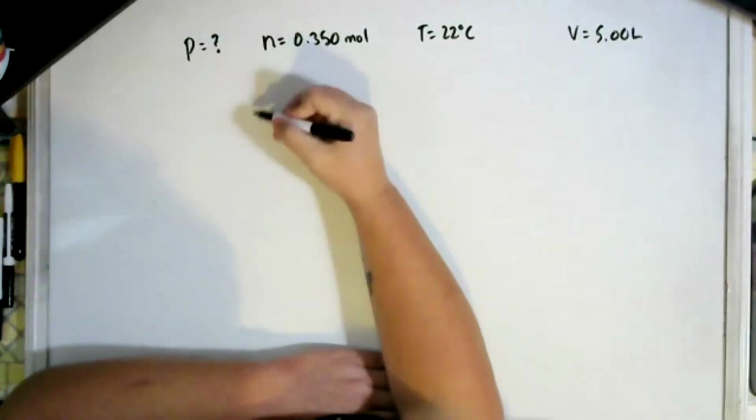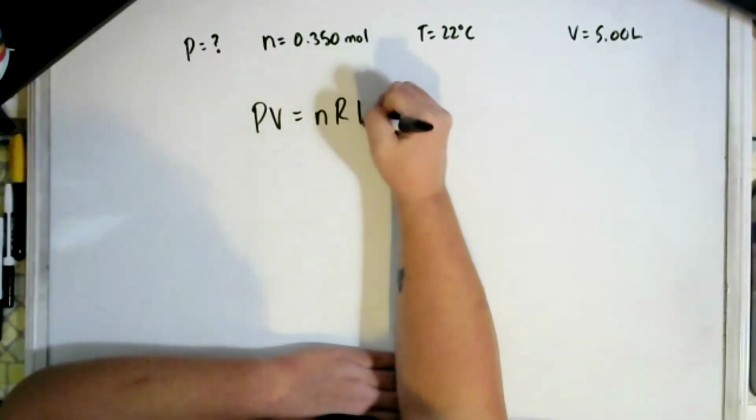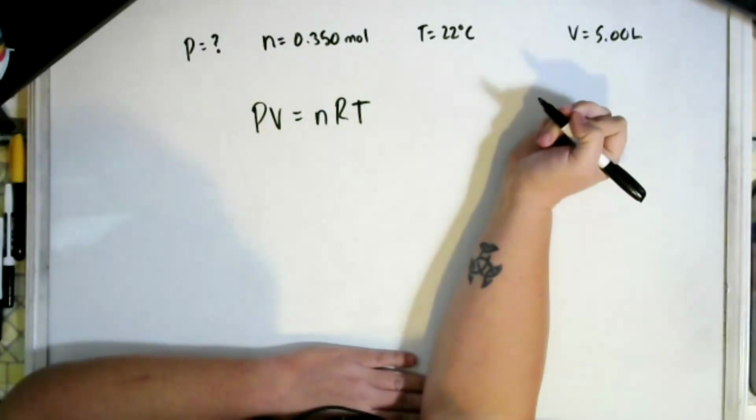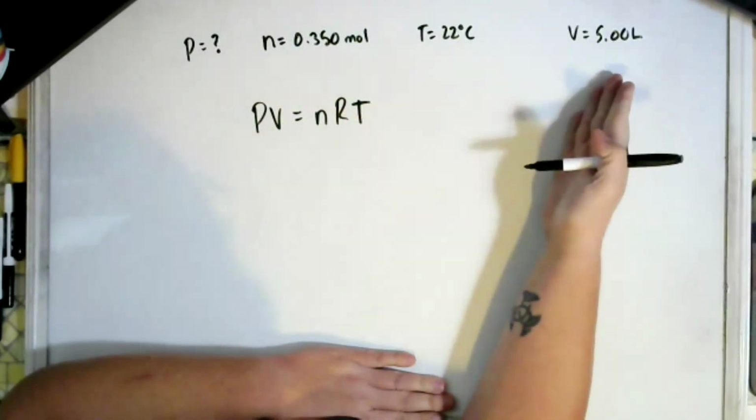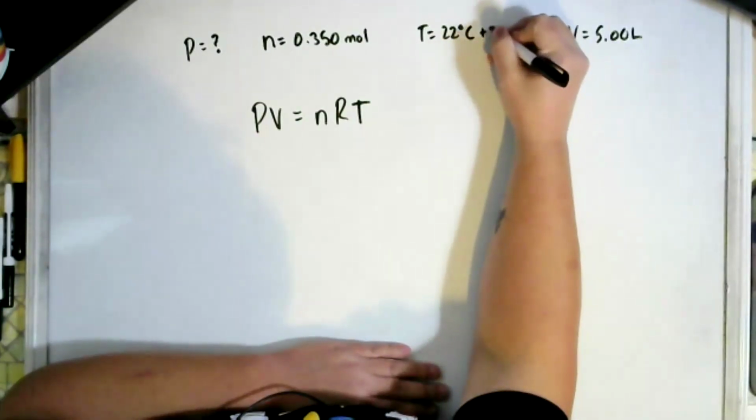We know that our ideal gas law is going to be PV equals nRT. We look at our units. The only unit that we're going to have to modify is our temperature before we can get started.